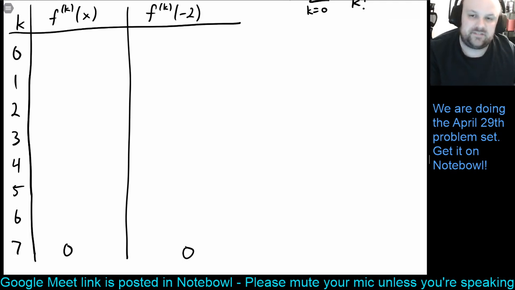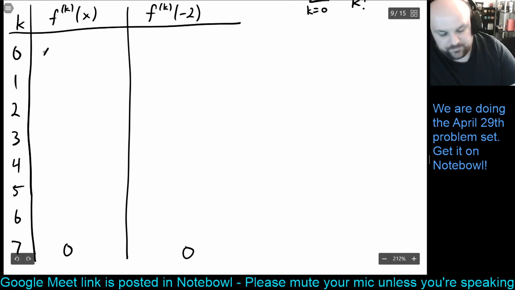Right, so now I just have to compute these various derivatives. It's x to the 6th minus x to the 4th plus 2.